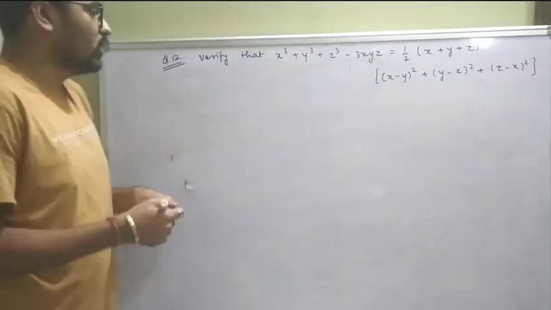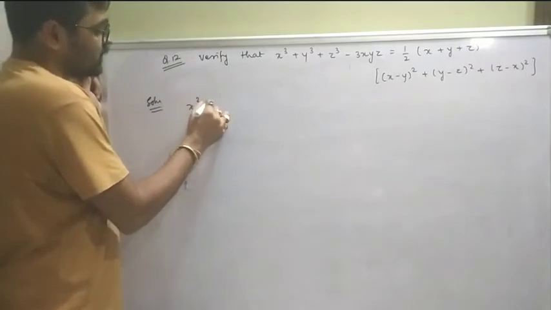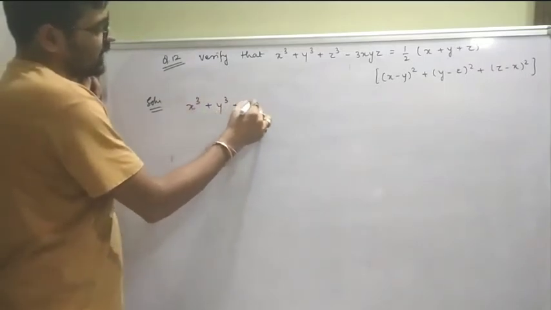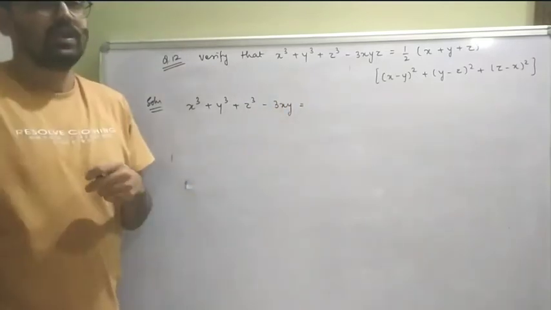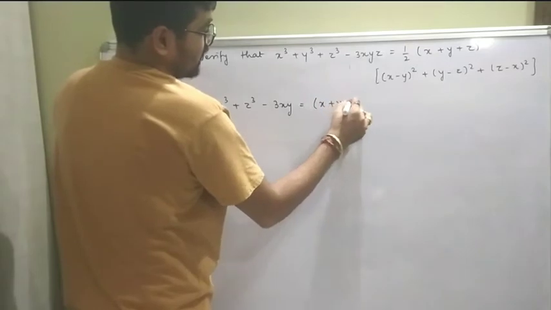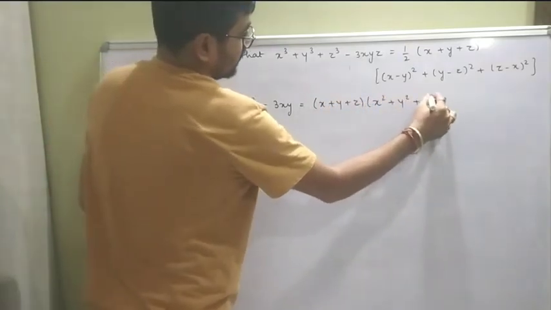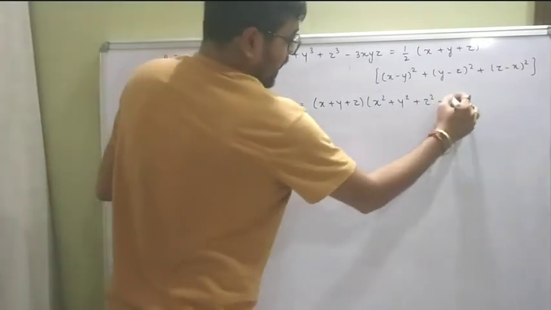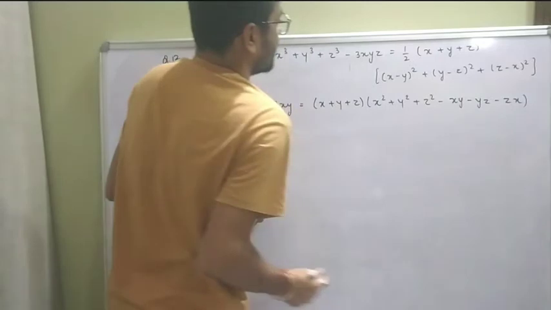So again, if you look at the left hand side, which identity are we supposed to use? Definitely the one which we used in the previous problem, that is identity 8, that was x plus y plus z into x square plus y square plus z square minus xy minus yz minus zx.